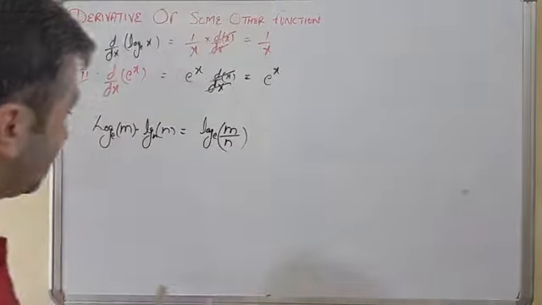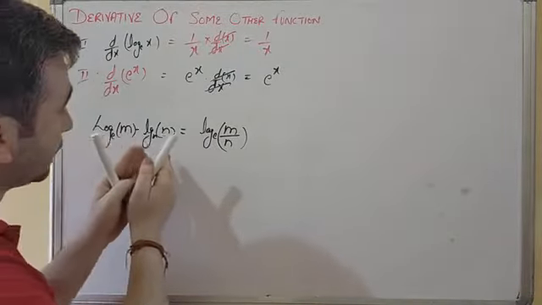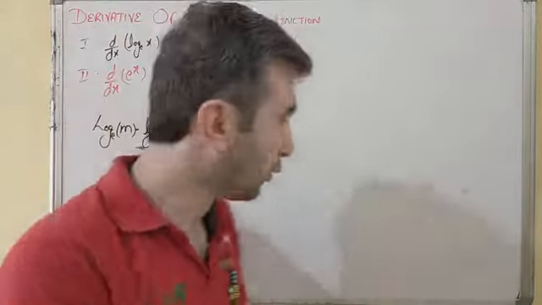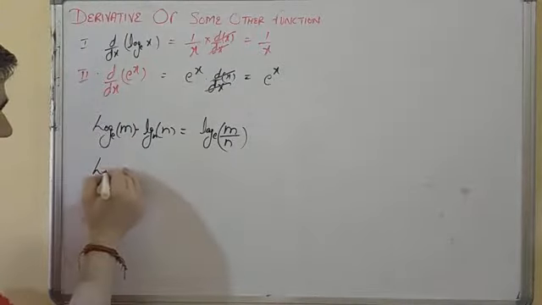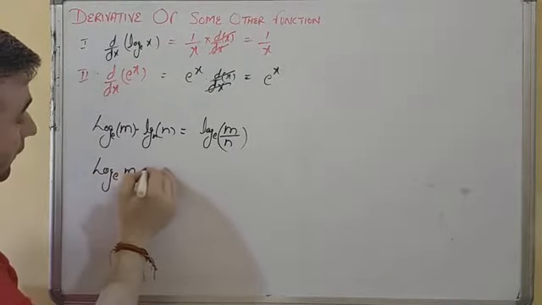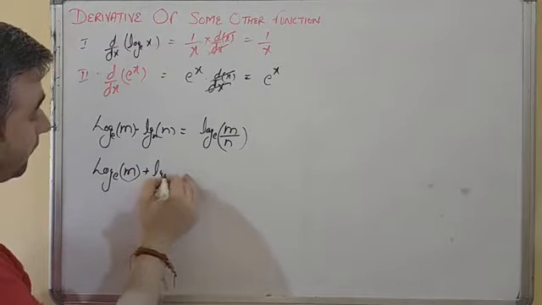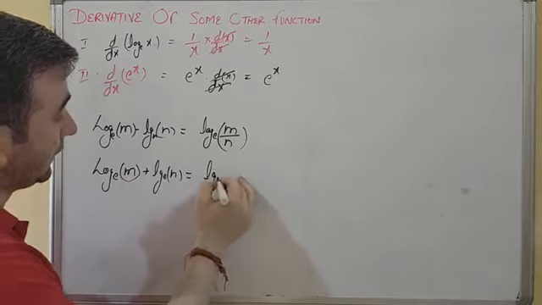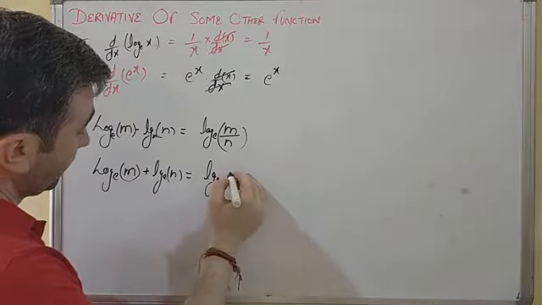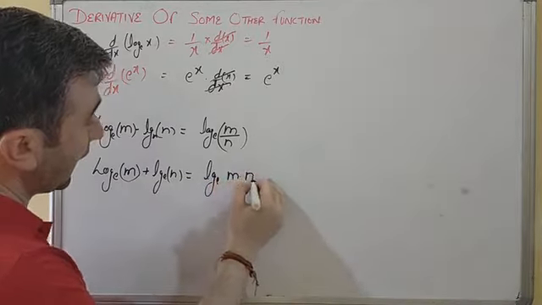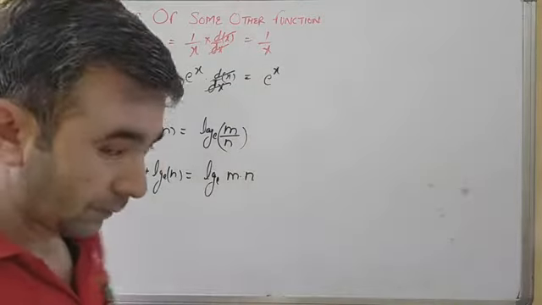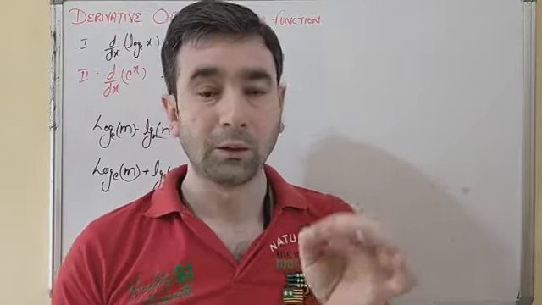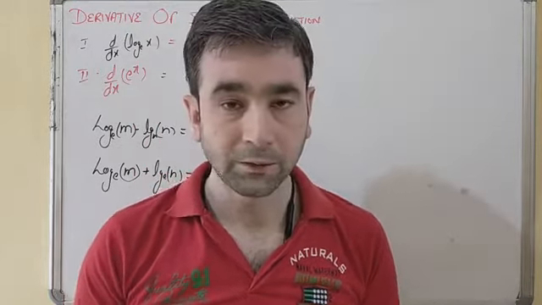Wherever we see log m minus log n, that will be equivalent to log m upon n. Similarly, if we see log m plus log n, that can be written as the log of base e m into n. So remember these things, and we will use them in numericals now. Clear? Thank you all.